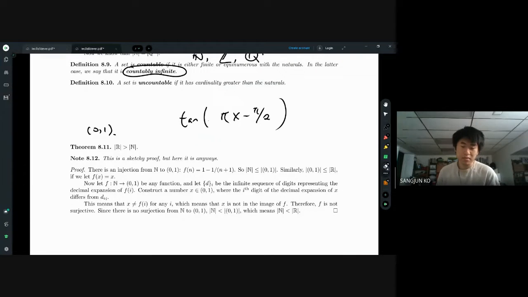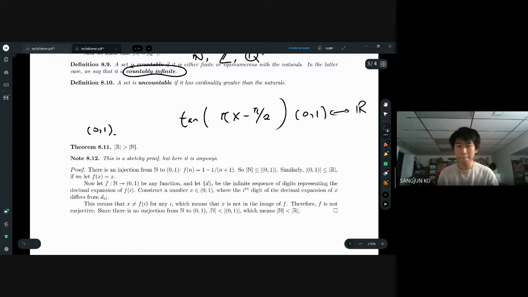All right, this produces a bijection from (0, 1) to R. Okay. And in fact, this was going to be one of your homework problems, but you can produce a bijection from (0, 1) to R, and similarly [0, 1), with a parenthesis, to R. You can produce bijections like this.